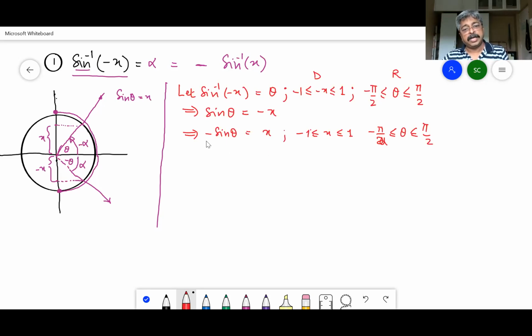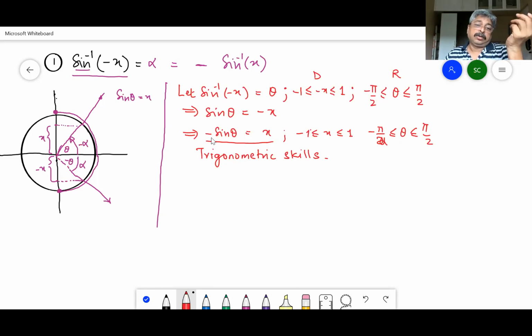Now from here to the next step is your trigonometric skills. Because you do not have something like opposite of sine inverse; opposite of sine inverse doesn't make any sense. You have to take sine inverse if you want theta back, because we have to answer this. So this is theta.